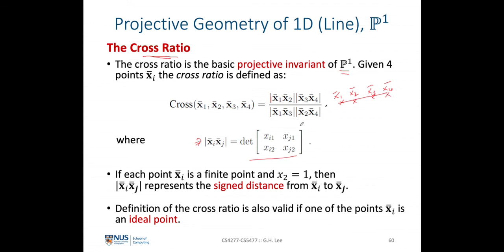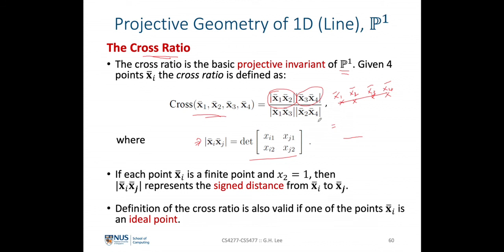So in this case, after we compute, this will be a number that is an entry over here multiplied by another number, and the whole thing would end up being also a scalar number. So this would be the cross ratio, and it should be preserved under projective transformation.